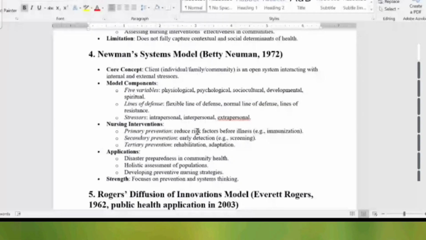It's about counseling that is beyond tertiary prevention. I hope we are getting that concept. So we have five levels of nursing prevention: primordial, primary, secondary, tertiary, and quaternary. So application is about disease preparedness in the community, holistic assessment of population, and developing preventive nursing strategies.